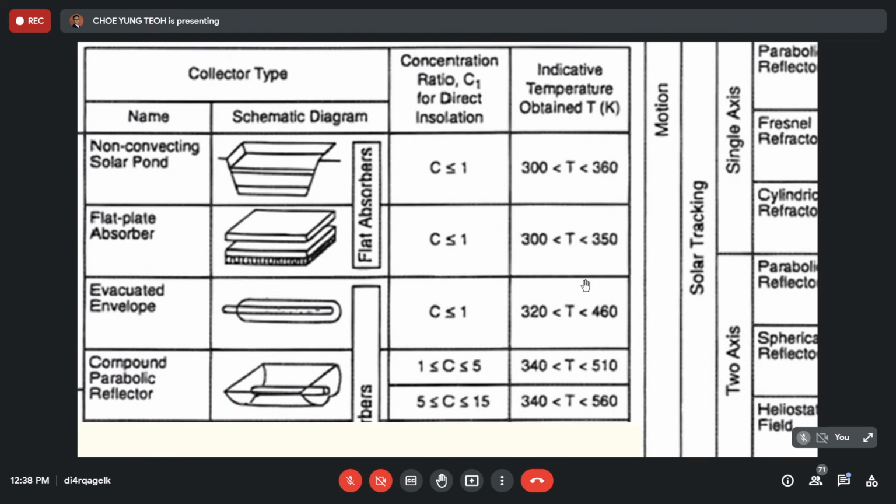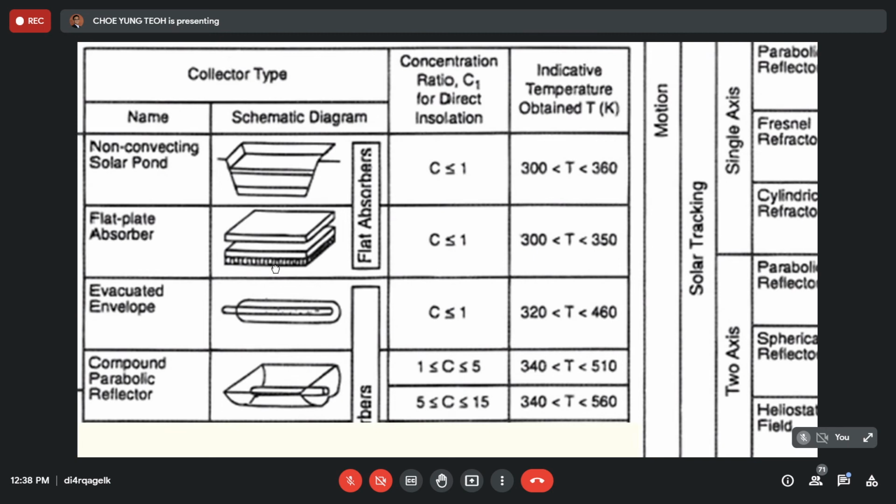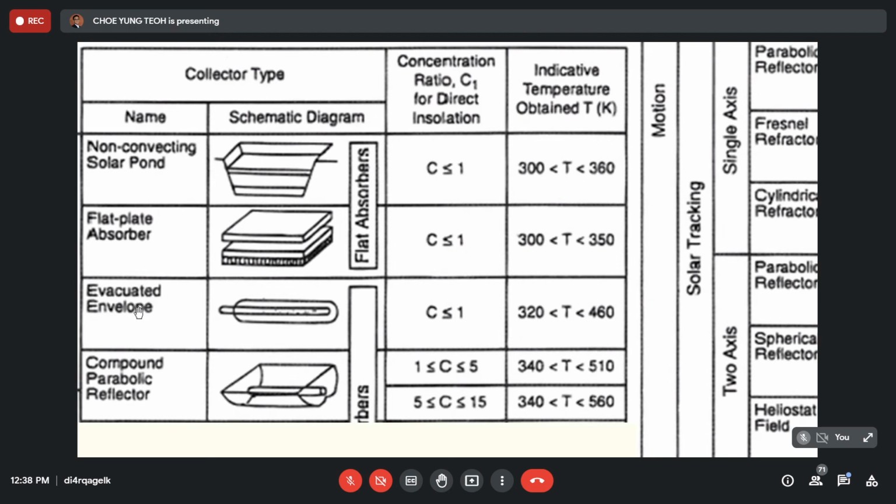And these are the temperatures that they can achieve. If I compare the plate absorber and the evacuated tube, the maximum temperature you can achieve for the evacuated tube is 110 degrees higher than the plate absorber. If you see the flat plate collector at 350 Kelvin, if I minus 273, maybe less than 80 degrees Celsius you can achieve.